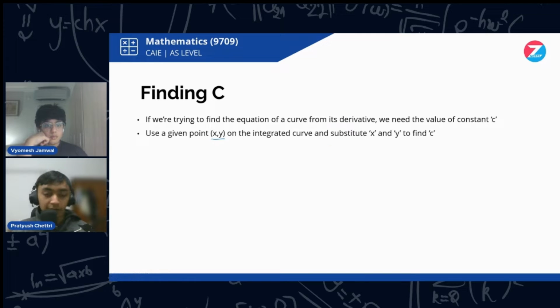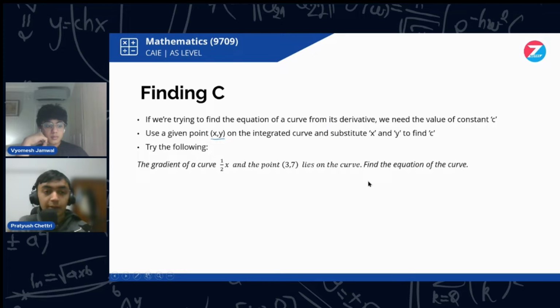Instead of me talking about it, you can just do it here. The gradient of the curve is half x, and the point 3, 7 lies on that curve. Find the equation of the curve.